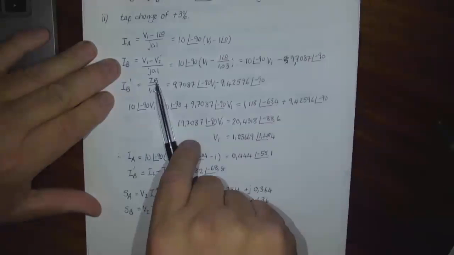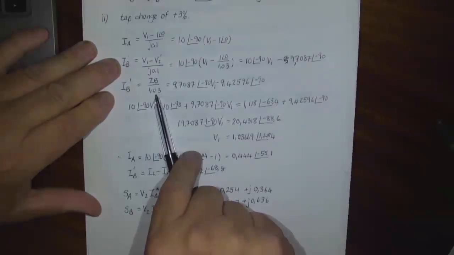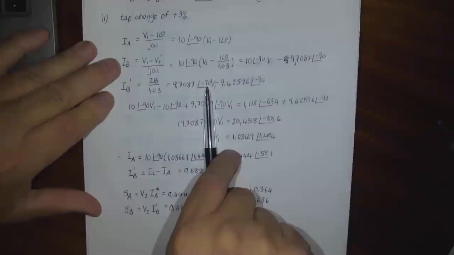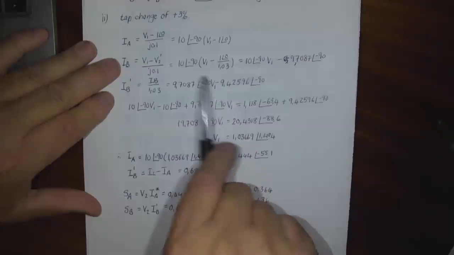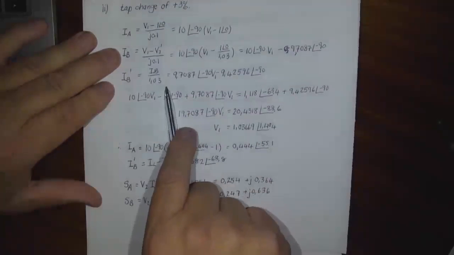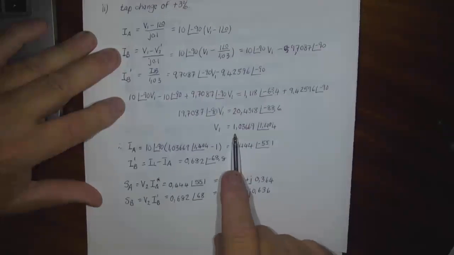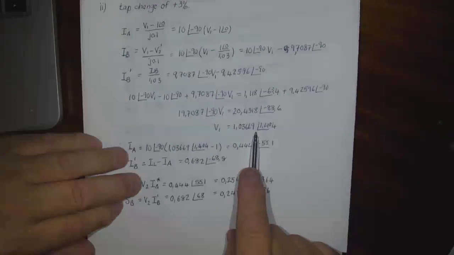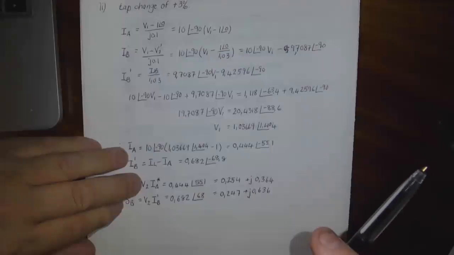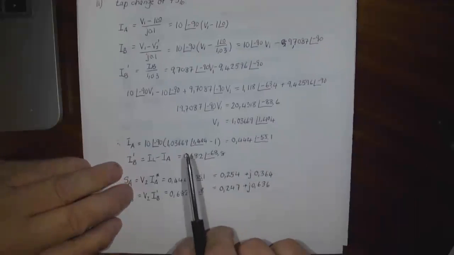And then IB dash is IB divided by KT again, which gives us 9.708 angle minus 90 V1 minus 9.4295 angle minus 90. And then if we solve for V1, we get 1.0367 angle 1.4 degrees.